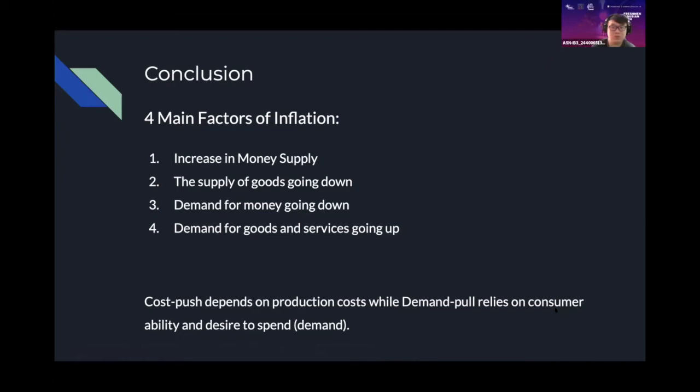And the fourth is demand for goods and services going up, such as the examples they've said just now. So cost push depends on production costs, while demand pull relies on consumer ability and desire to spend. I guess that's it. Thank you.